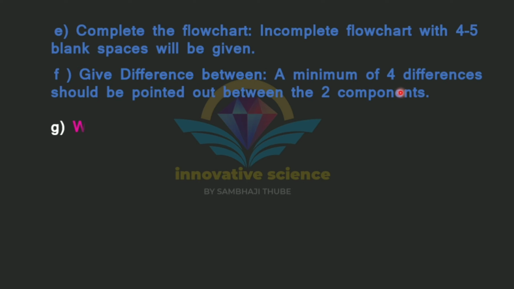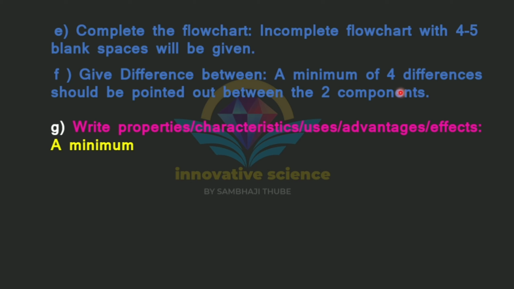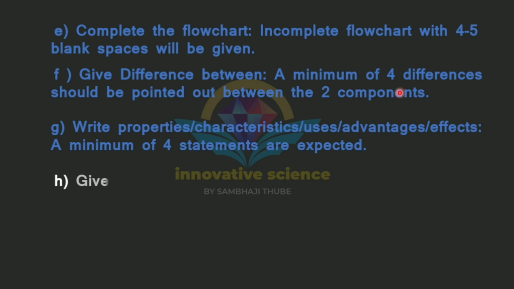Then next question is write properties or characteristics or uses or advantages or effects. In this type of question, you have to write minimum 4 statements. Here also you have to write 4 points with examples. Then next type of question, give examples.